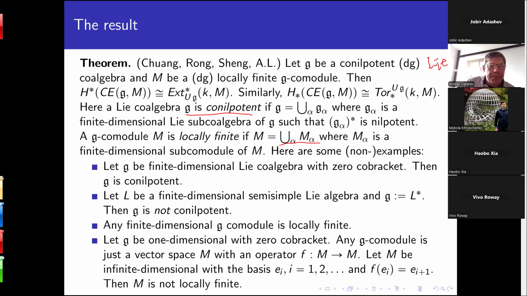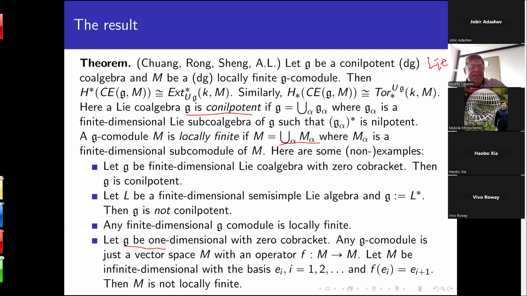And here's an example of a comodule that is not locally finite. So here's G, which is an abelian Lie coalgebra, which is actually one dimensional, and it has the zero cobracket. Well, a one-dimensional Lie coalgebra must have a zero cobracket.